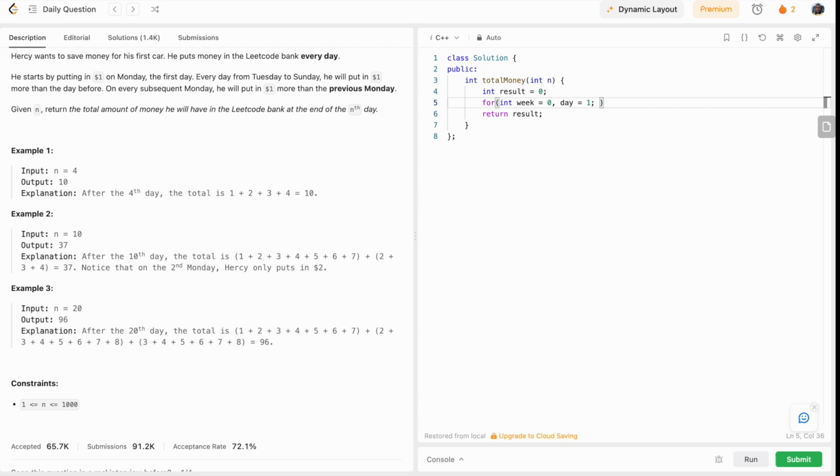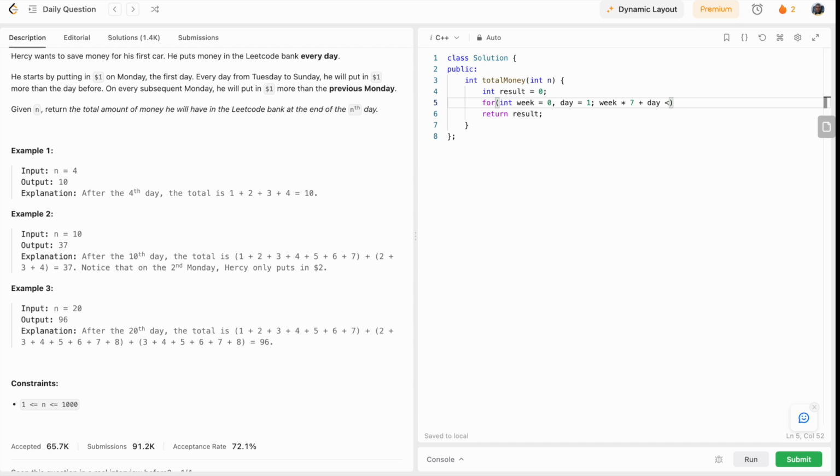The end of the process is when the number of days is equal to n. Since I'm going to restart the number of days after each week, I need to compute the total number of days a little differently here. So I need to say week times 7 plus day. So this is the number of days.